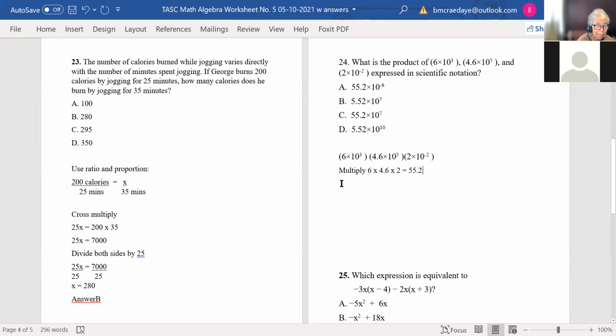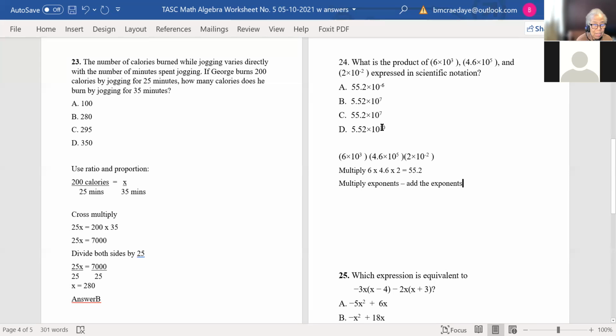All right. Now, when you multiply exponents, you add the exponents. So let's add up those exponents. What do you get?